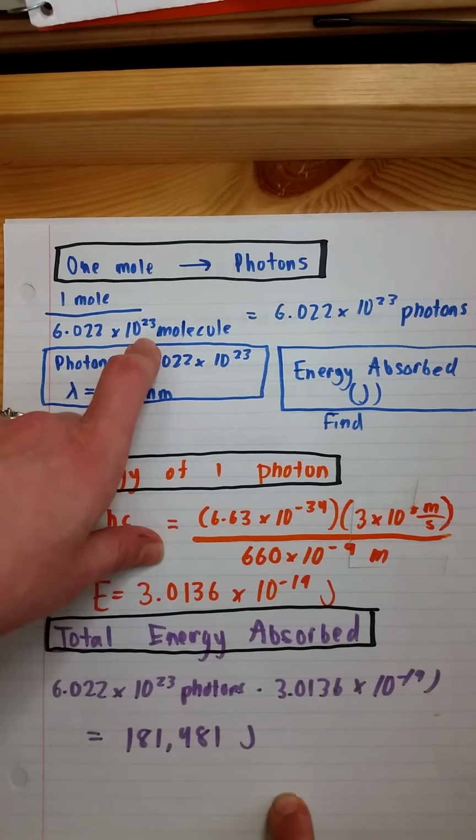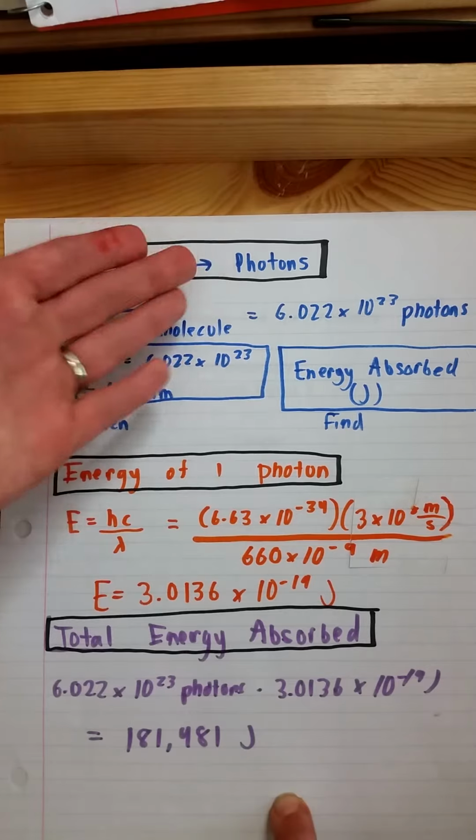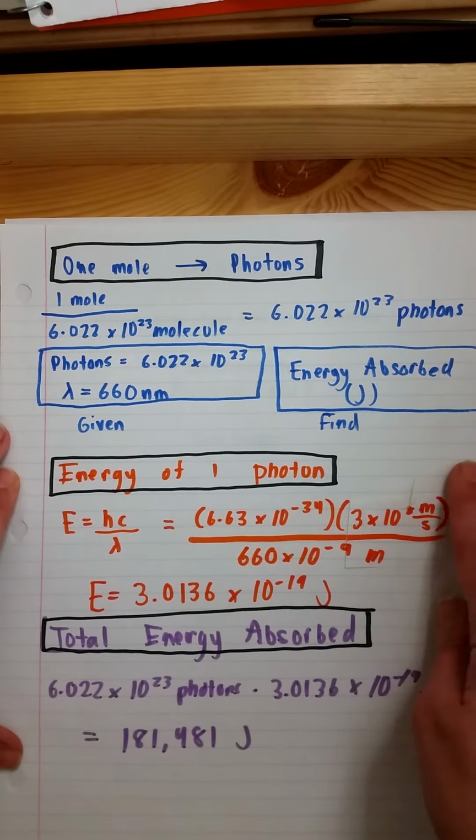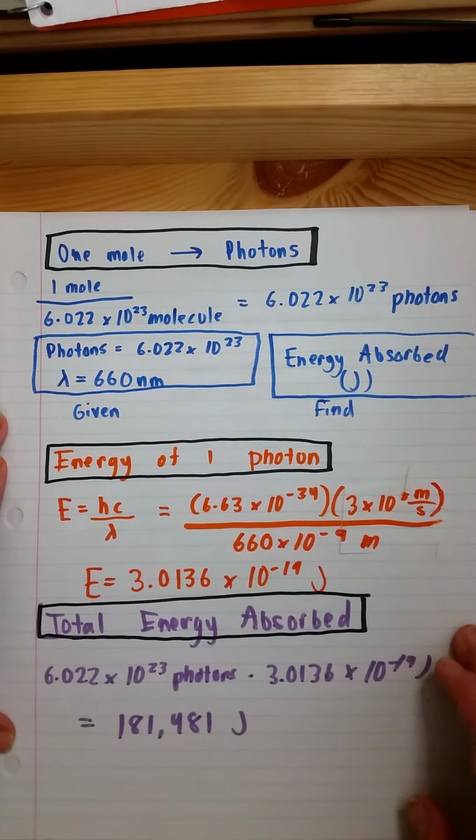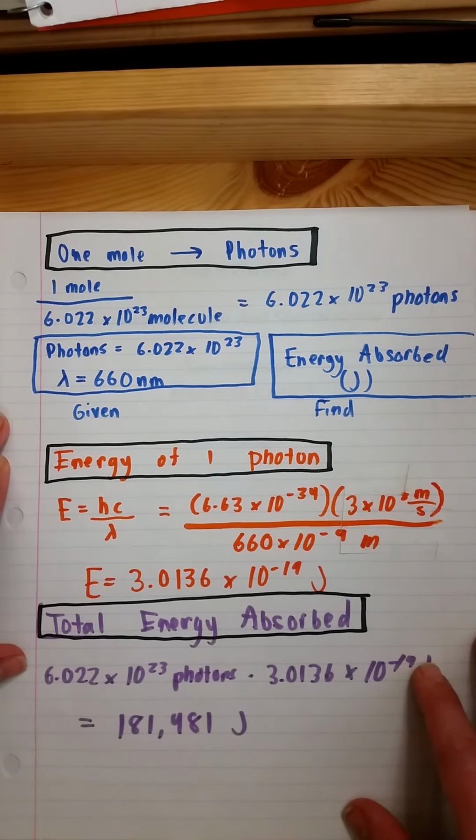And if every one of those molecules absorbs a photon, then we have an equal number of photons. So we have 6.022 times 10 to the 23rd photons. So now we have the number of photons, and we have the wavelength. We are looking for the energy that is absorbed.